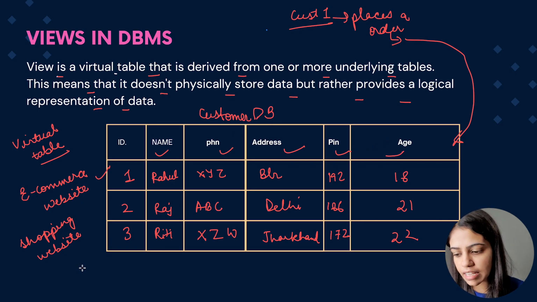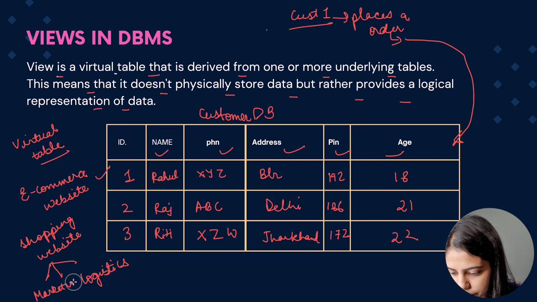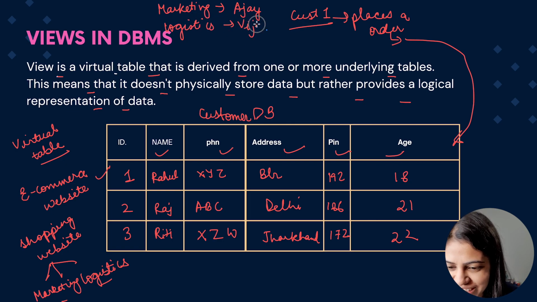Now consider that there are many teams in this shopping website. One is the logistic team. One is a team which basically looks at the marketing, and different other teams. Okay, so consider there is one person from the marketing team, named Ajay, and there is one person from the logistic team, named Vijay.